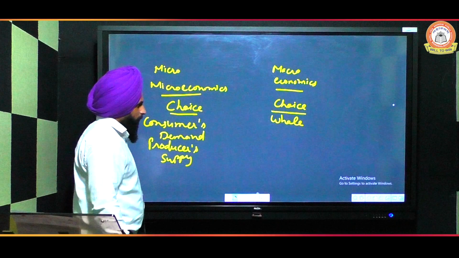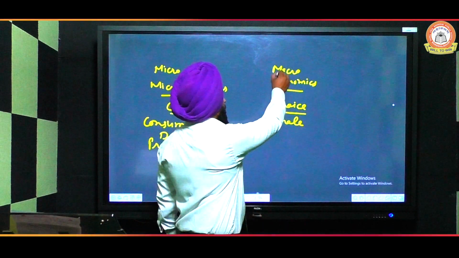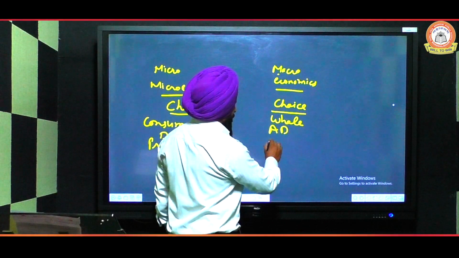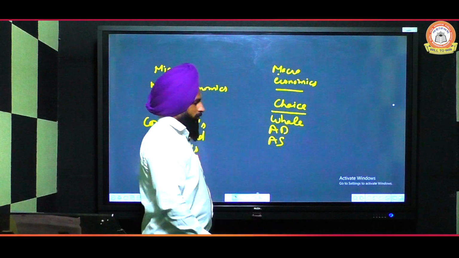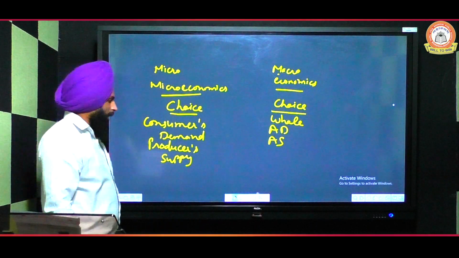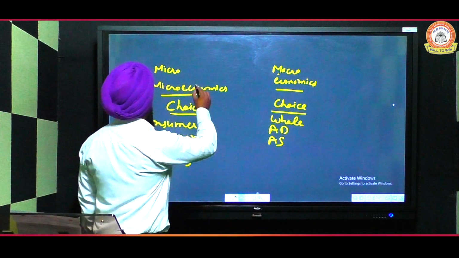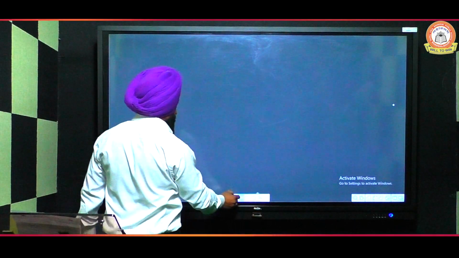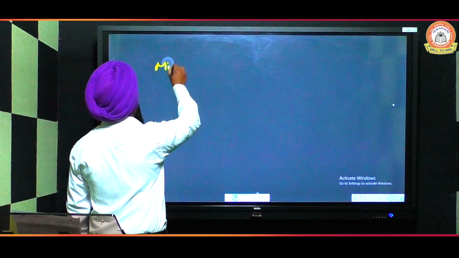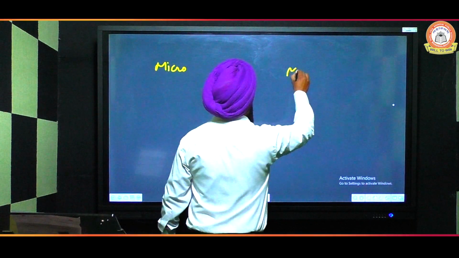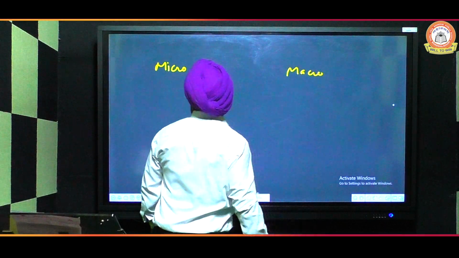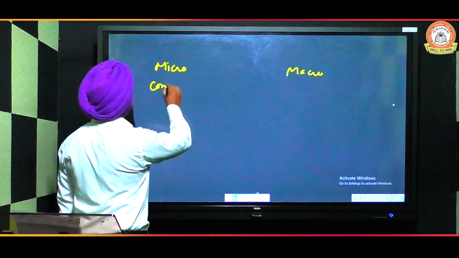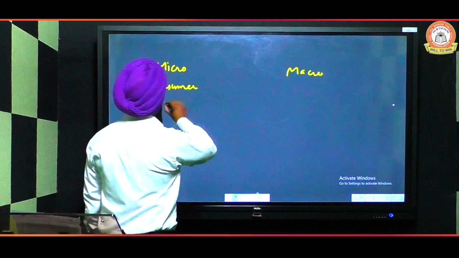But the economic variables discussed under macroeconomics are aggregates, like aggregate demand and aggregate supply. Then we have the economic agent, discussed under both micro and macro. The economic agents of micro are the consumer and producer.